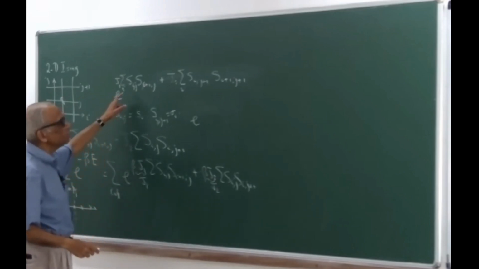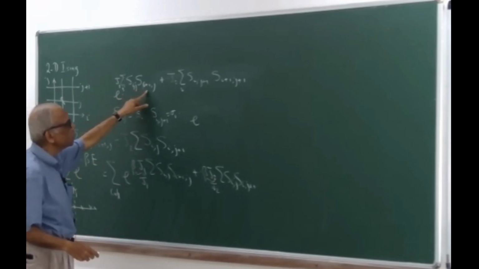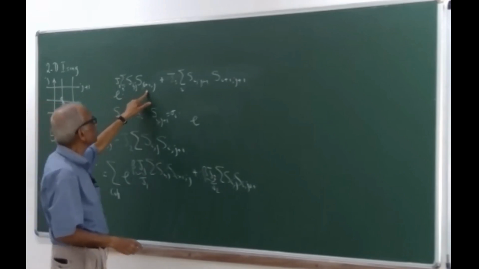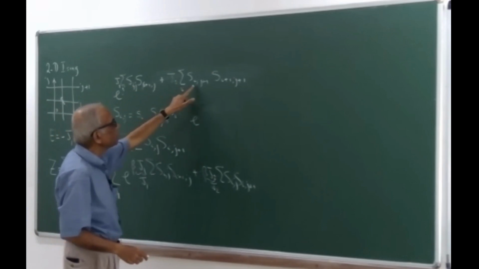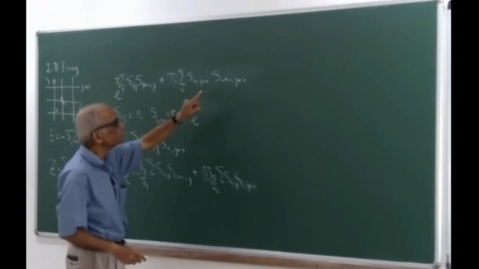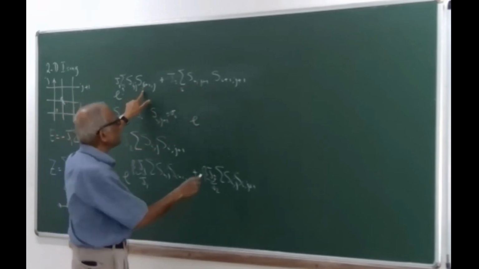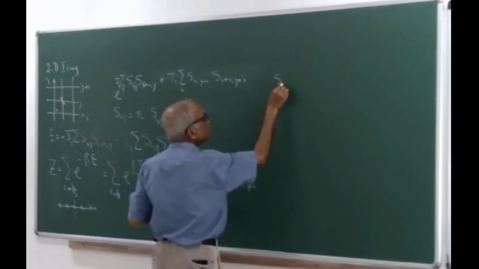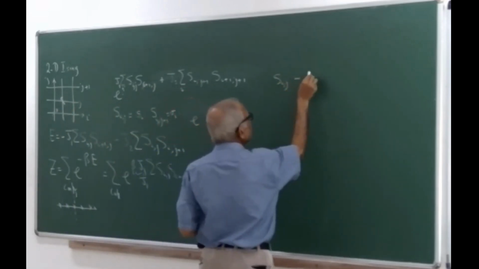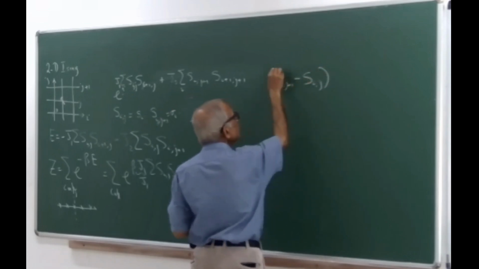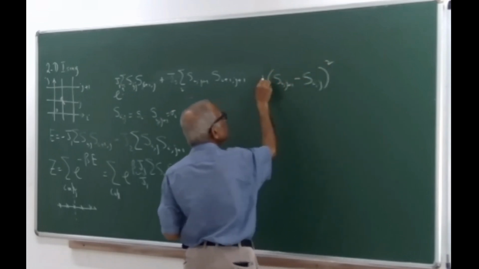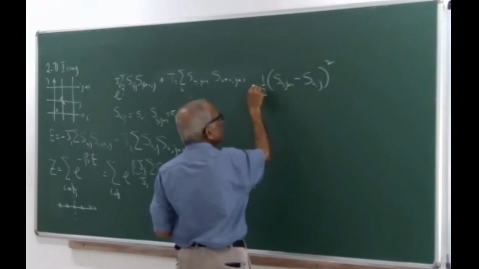And we wrote the part of this which is i plus 1 j, and i plus 1 j plus 1, as S_ij+1 minus S_ij squared, with a half.